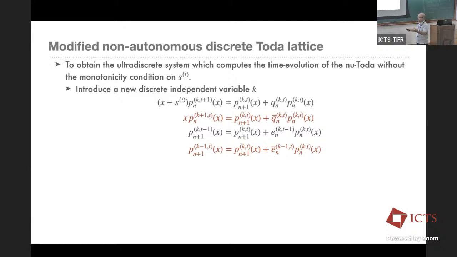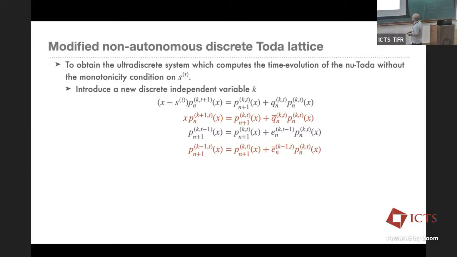But for our newly introduced time evolution step, the spectral parameter should be taken as 0, only 0. Also, with this direction, we can introduce the new independent discrete variable k. So that is why we have to introduce the two upper indices for denoting the two-dimensional time space. And n is, of course, our base lattice.